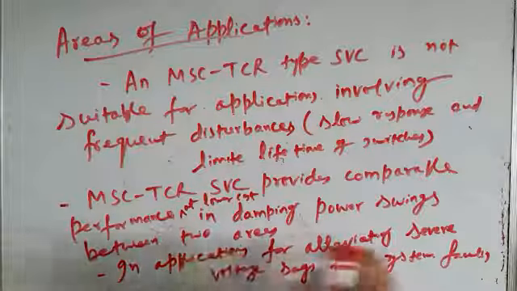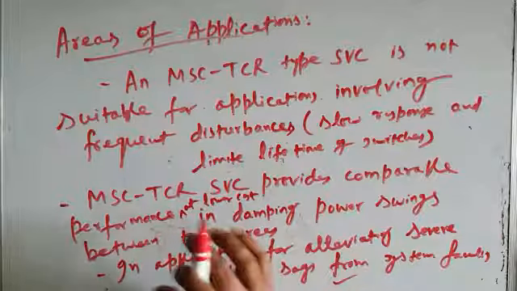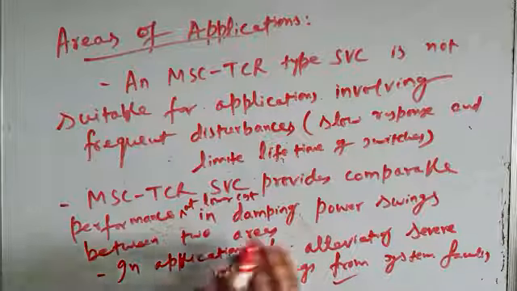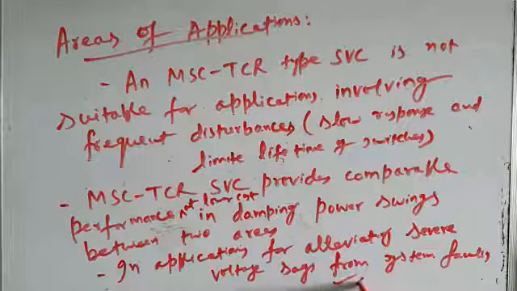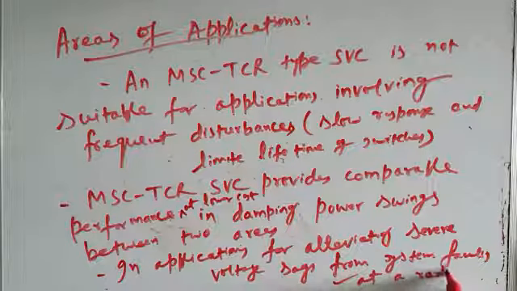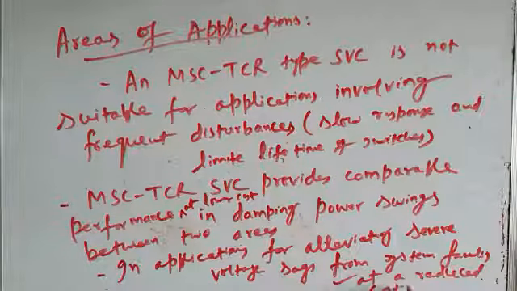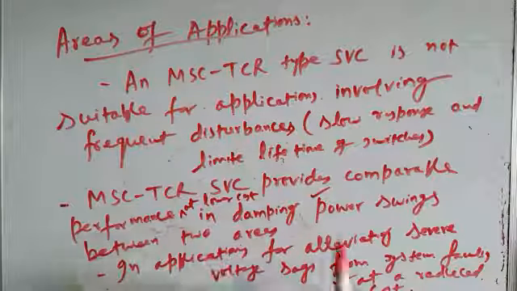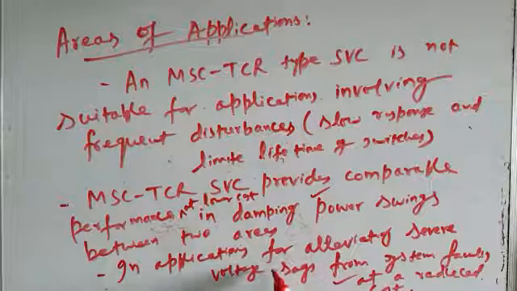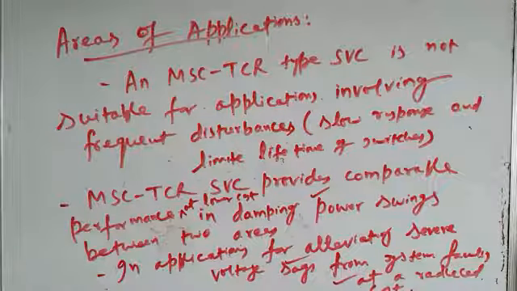Since frequent switching is not required, MSC TCR type SVC is suitable for this application also at a reduced cost as compared to TSC TCR SVC. So for those applications where frequent switching operation is not required, like damping power swings between two areas and alleviating severe voltage sags from system faults, MSC TCR SVC finds its application at a reduced installation cost.